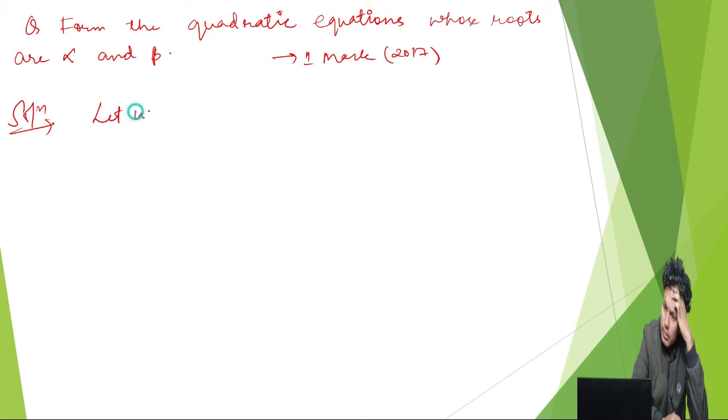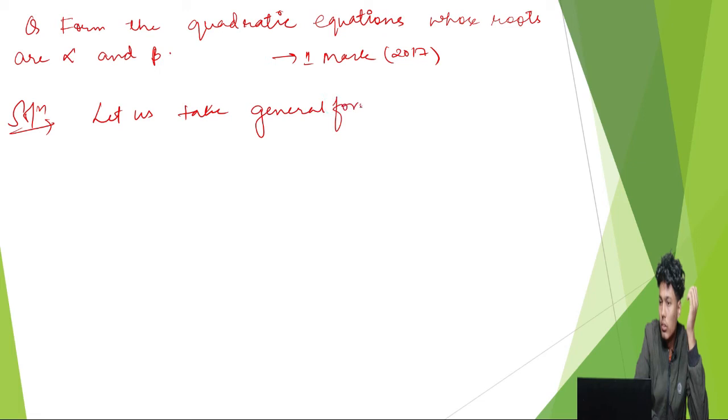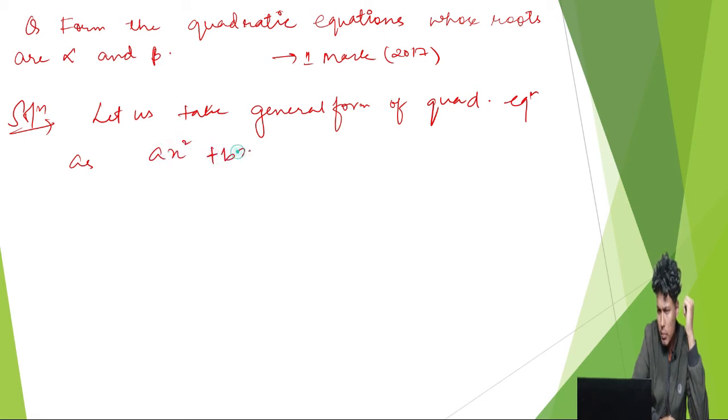The general form of a quadratic equation is ax square plus bx plus c equal to 0.